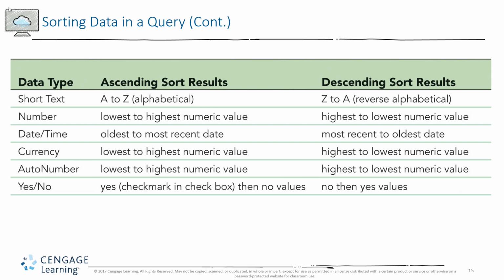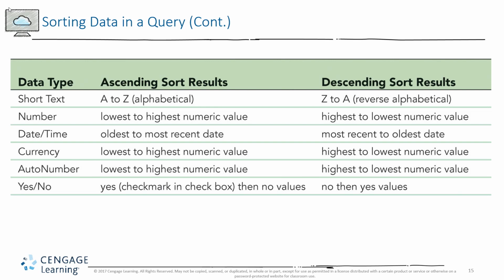If you need to look at this, it is basically telling you how your different data types are going to show if you choose ascending versus descending. If we're doing alpha characters, or short text, ascending is A to Z, descending is Z to A. Numbers lowest to highest, 1 to 5. Descending 5 to 1.